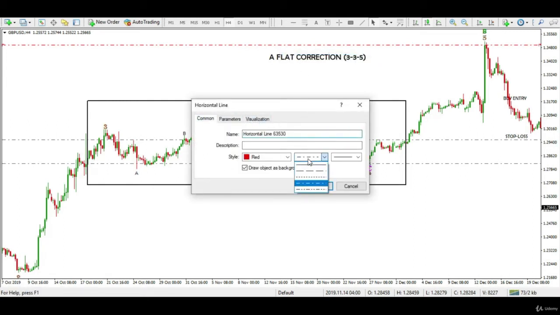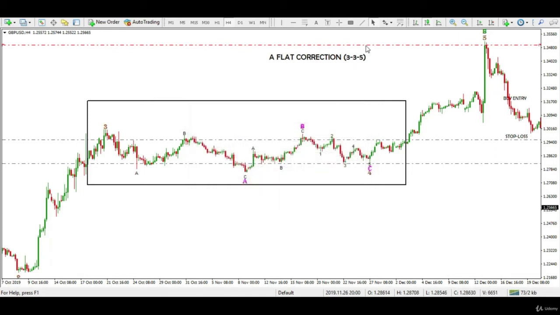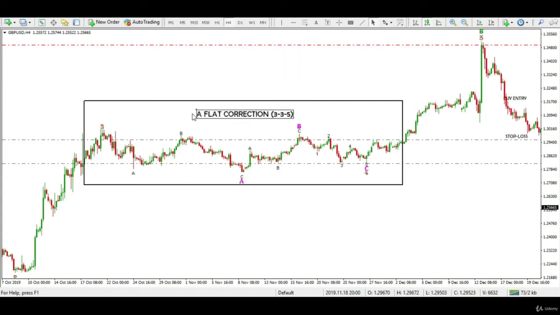And your take profit levels are decided by the completion of the 5-wave move in the form of the final impulse wave in this 5-wave sequence.